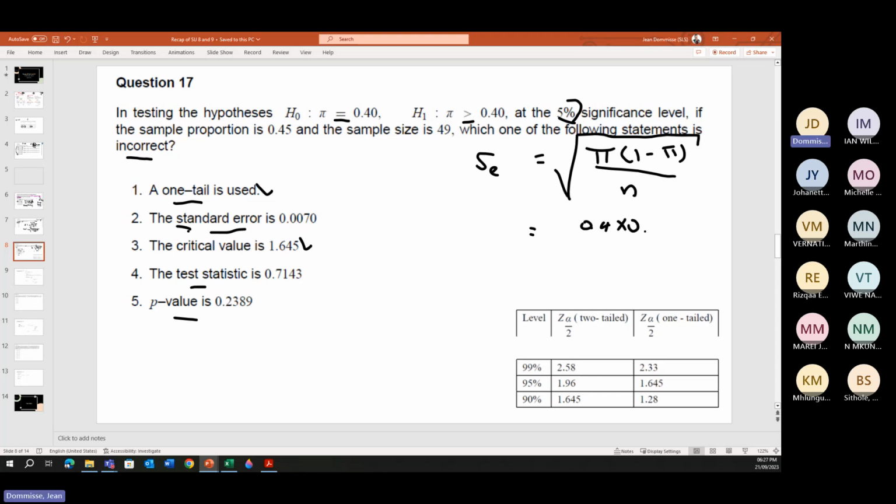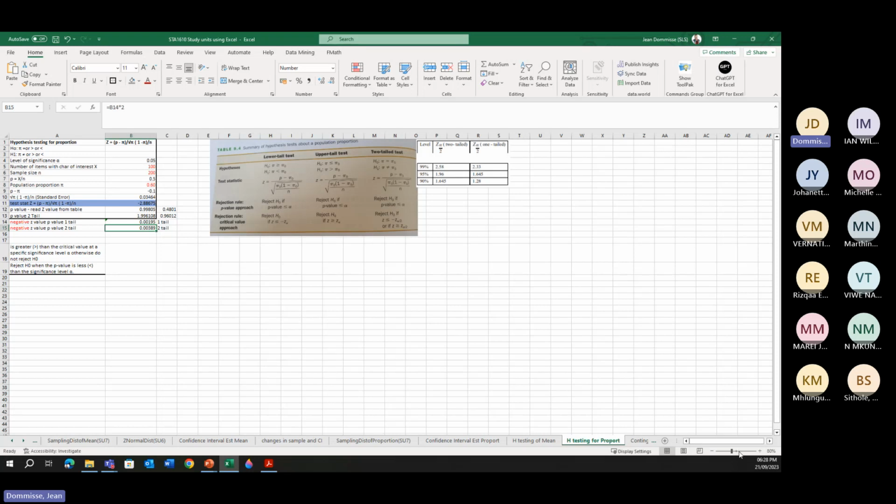We will multiply that by 0.6, and divide that by the sample size, which is 49, and we will get an answer. Let's quickly check in here.